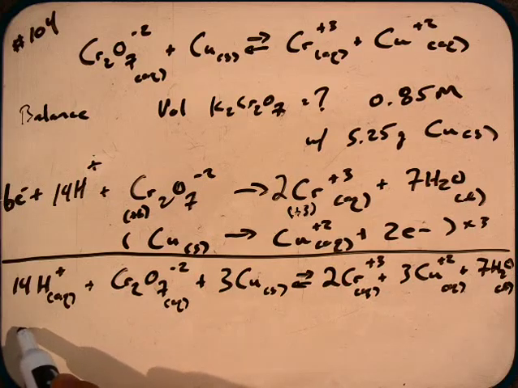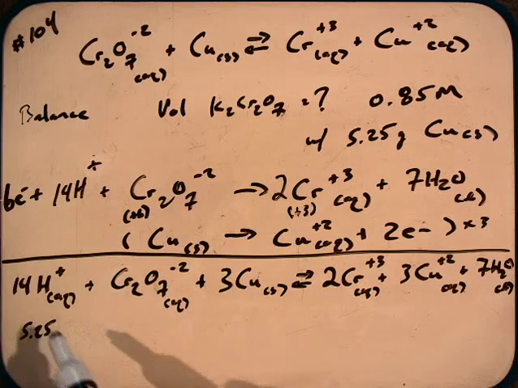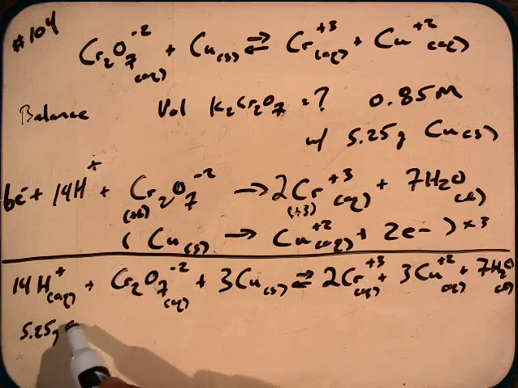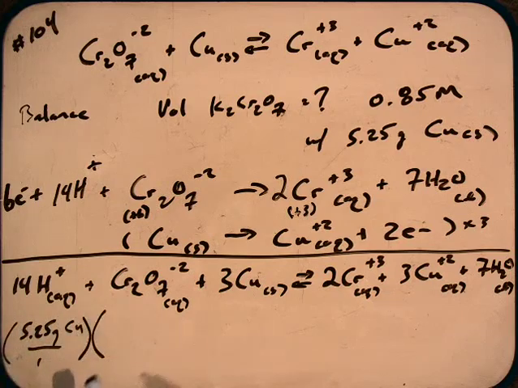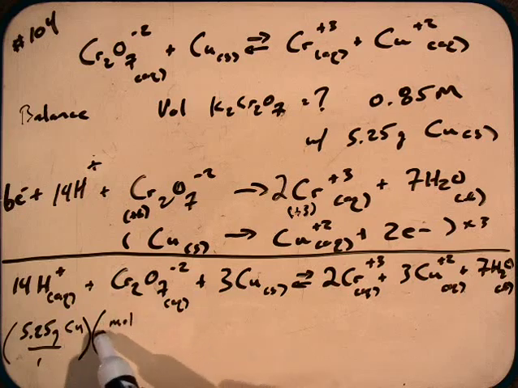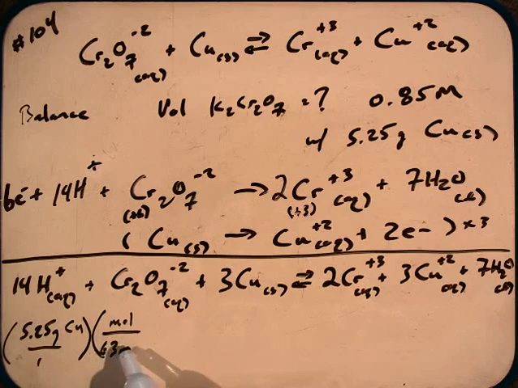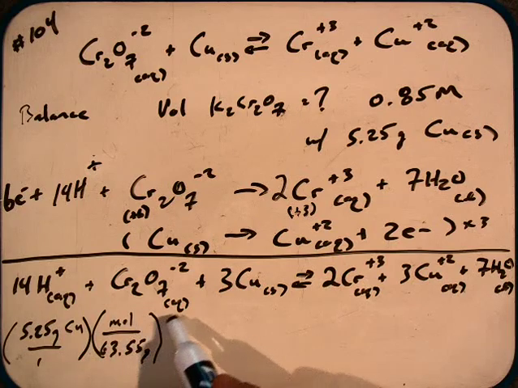Now that we have the balanced process, we can really just do a conversion, starting with our mass of copper. We can get that into moles by dividing by the atomic mass of 63.55 grams per mole.